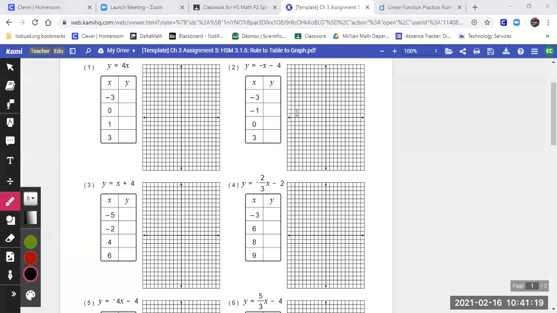How many are proportional? We talked over and over. When we get done with this, I can let you go. You guys are the ones holding us here because you're not answering the question. Out of these 6 rules that I can see on my screen, how many of those are proportional?